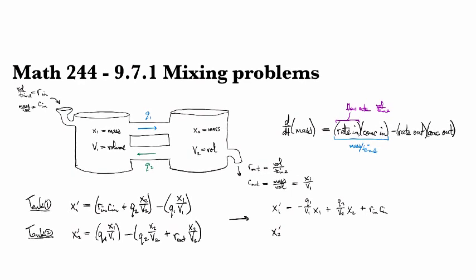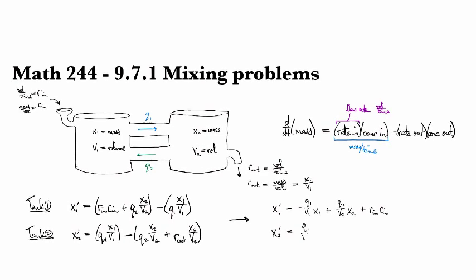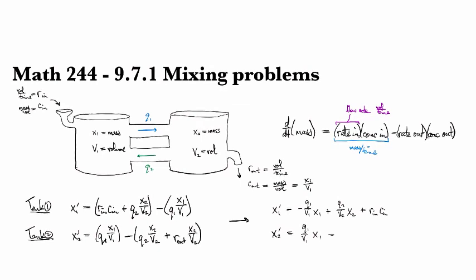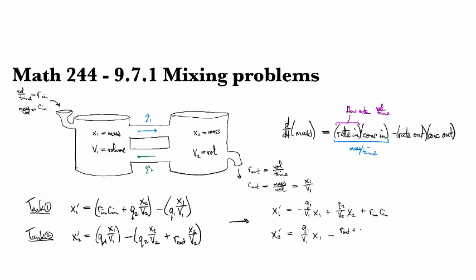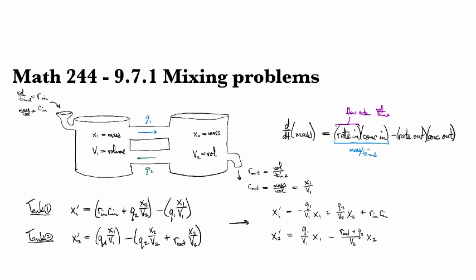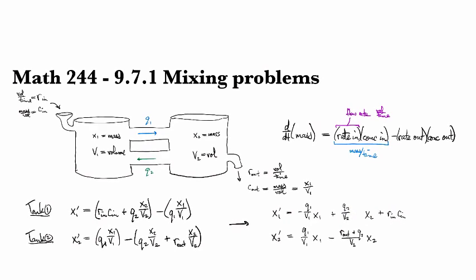And we have X2 prime, which is Q1 over V1 X1, minus R out plus Q2 over V2 times X2. Okay, so there's our system set up. I'm going to space this a little so you can see exactly what the coefficient matrix looks like.